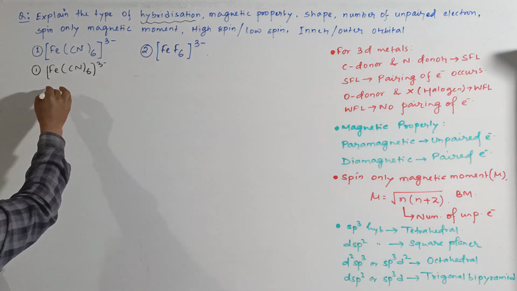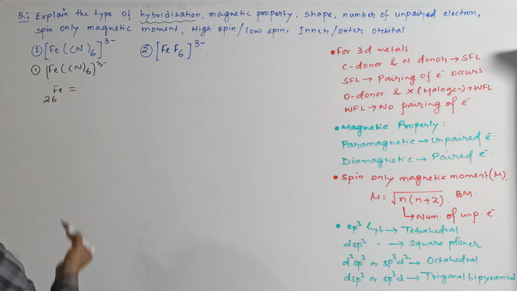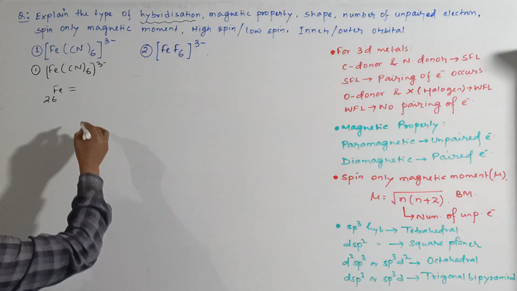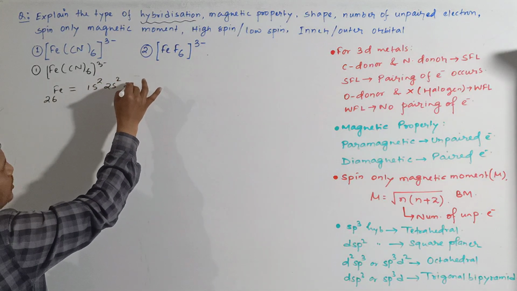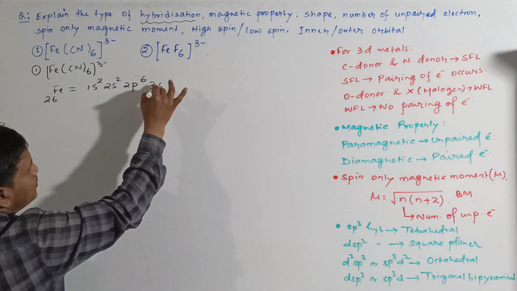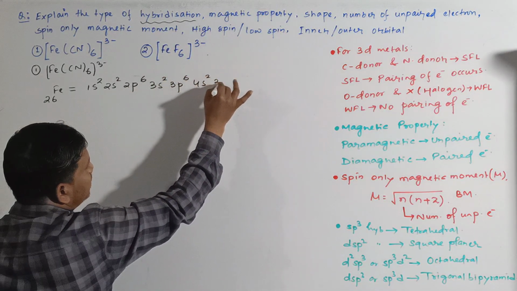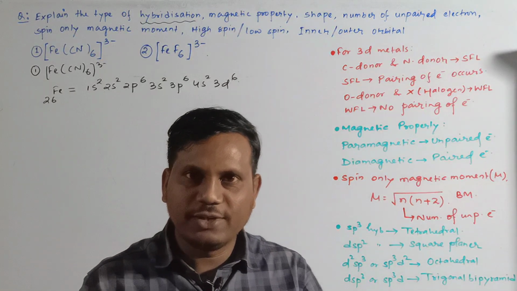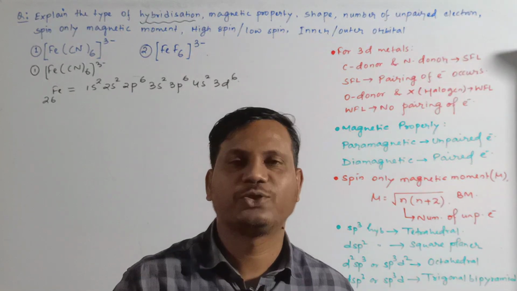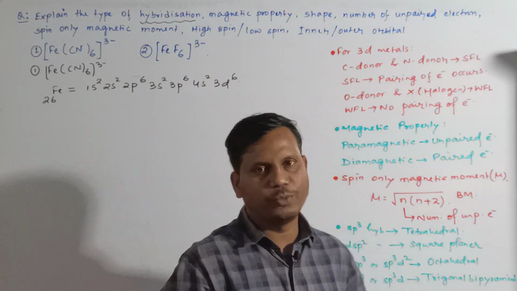For iron the atomic number is 26. So how can we write the 26? It can be written as 1s2, 2s2, 2p6, 3s2, 3p6, 4s2 and 3d6. Instead of writing this long electronic configuration, we can take the help of a noble gas.